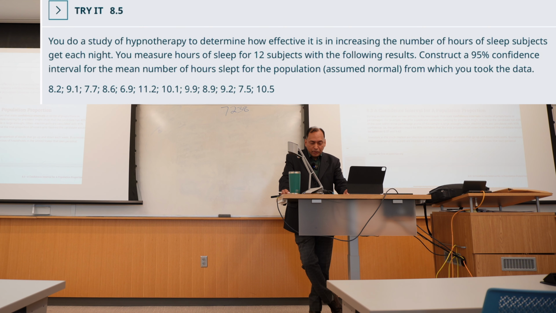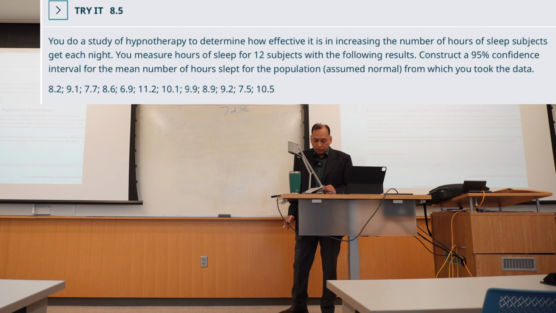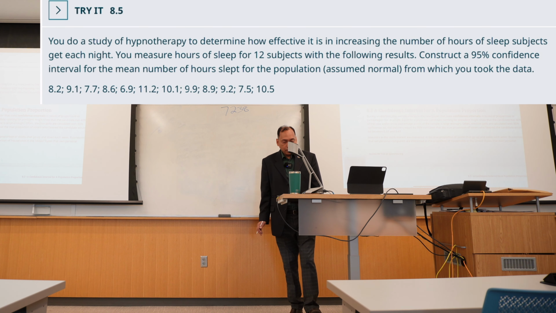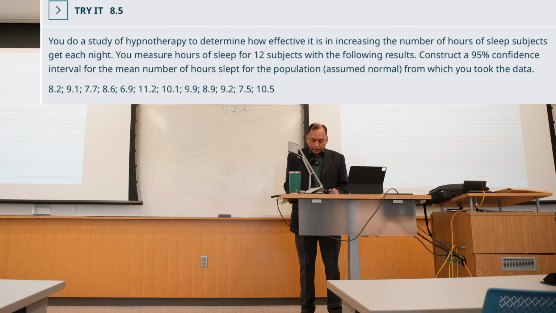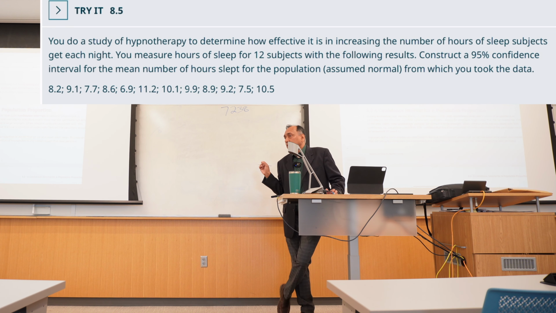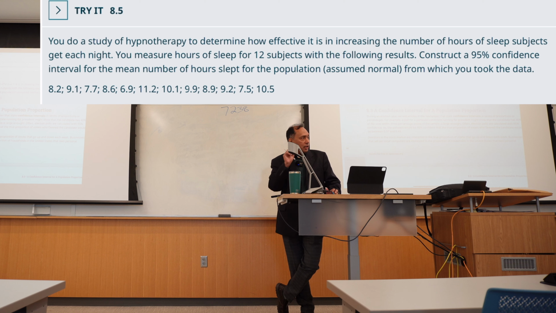Construct a 95% confidence interval for the mean number of hours slept for the population from which you took data. So we are assuming normal distribution, and it doesn't say anywhere what the population sigma is, which means that this is the second case, case number 2, sigma unknown.